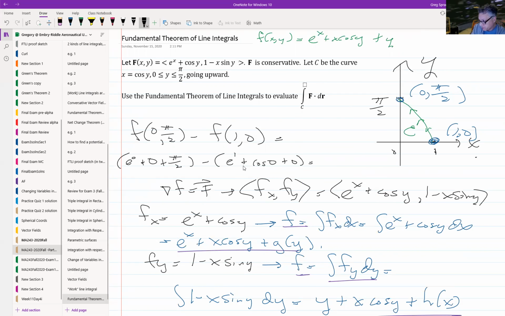That's 1 plus pi over 2 minus e plus 1. And that simplifies to pi over 2 minus e. And that's the final answer.